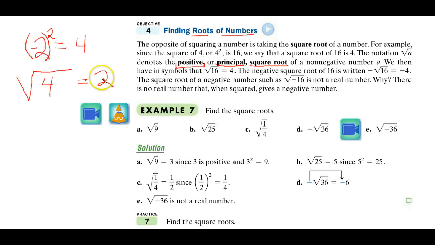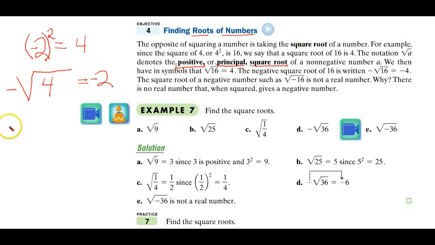So keep in mind that normally we look for the positive or principal square root, but this could also be a negative. How would you know? Well, often we don't. So if we want to ensure that we're dealing with this, we would put a negative sign in front of the radical sign, and that would always give us our negative value. And they're describing that here.